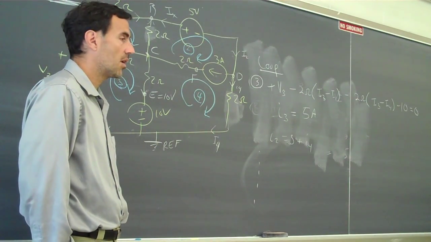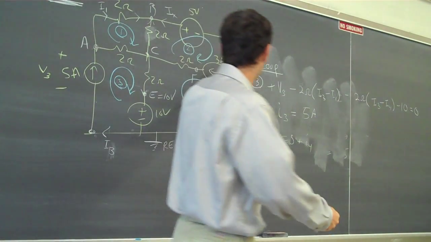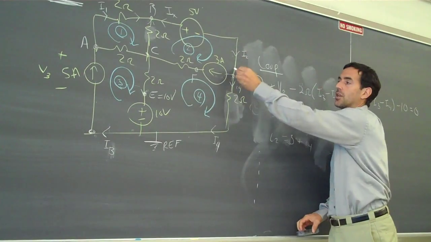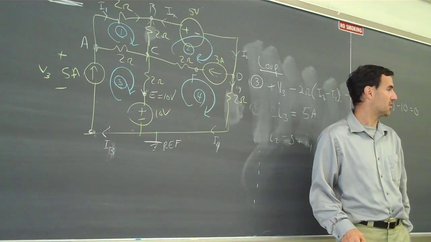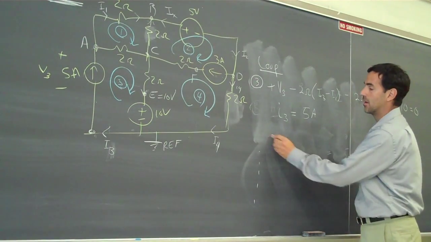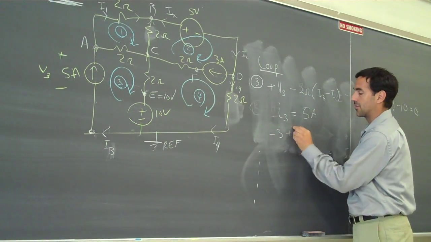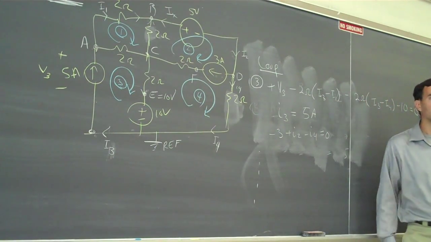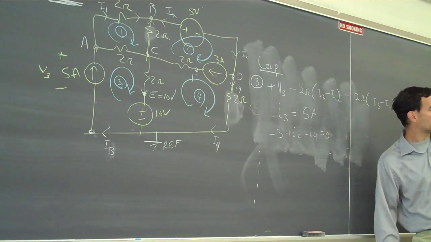Yes. If you would rather, it's basically a quick statement about that node. I could have said these 3 currents all going into that node added up to 0. If you feel a little more comfortable with that, you could have just done minus 3 plus I2 minus I4 equals 0. This is mathematically the same thing that I just wrote.